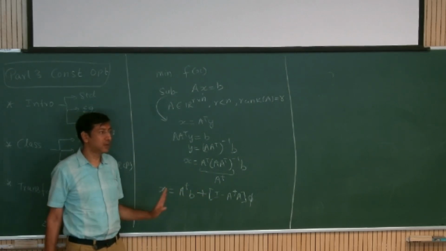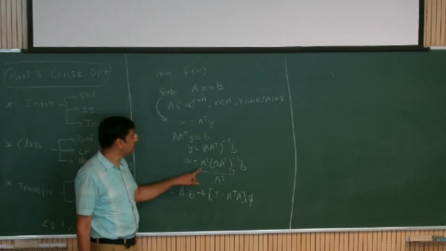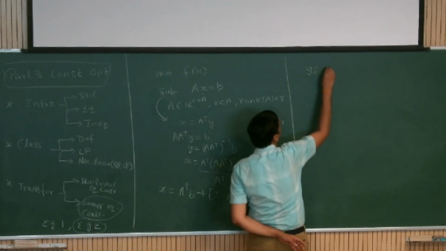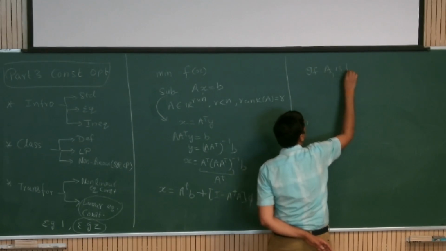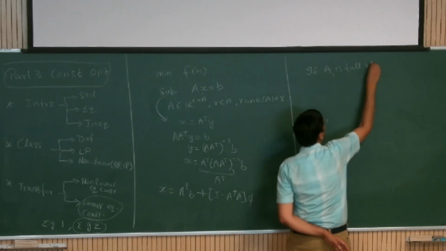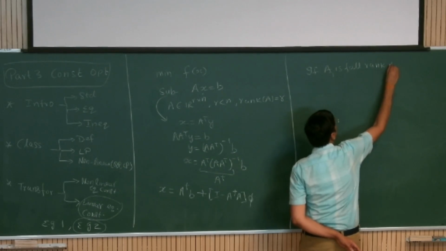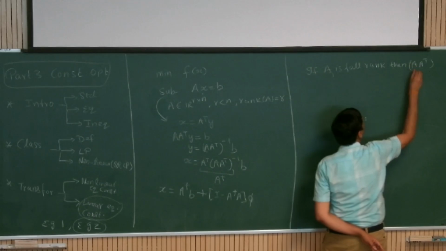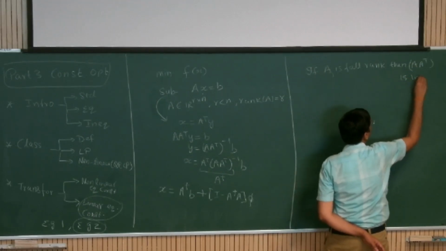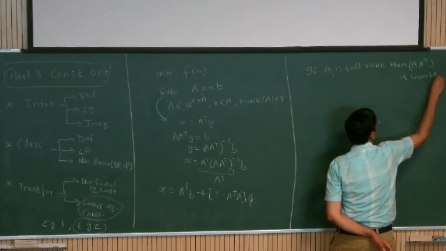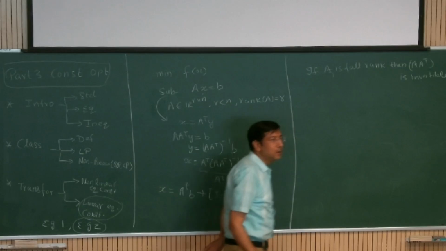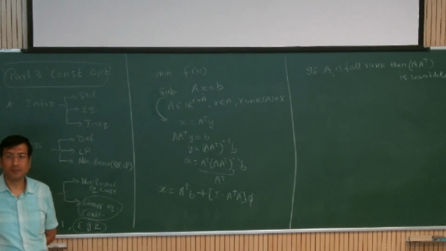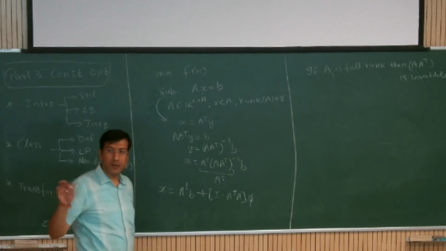The reason I am revisiting this is I had proven yesterday that if A is full rank, which in this case it is, then A A transpose is invertible. Yes? How did we prove this yesterday? Shaurya? Or Atharv? Atharv?